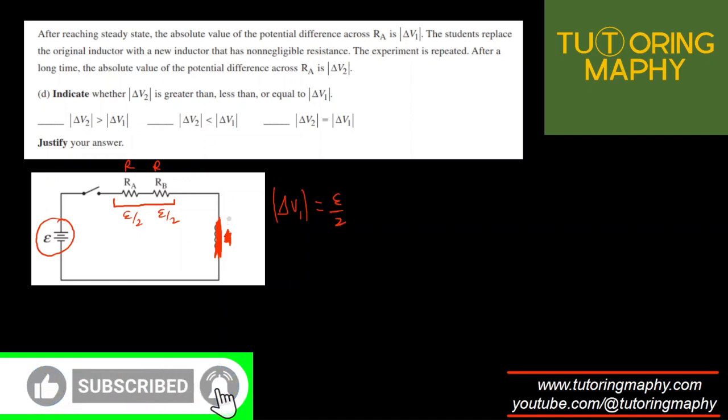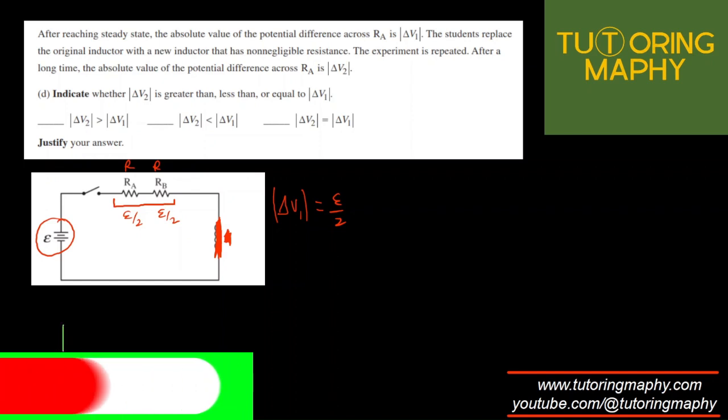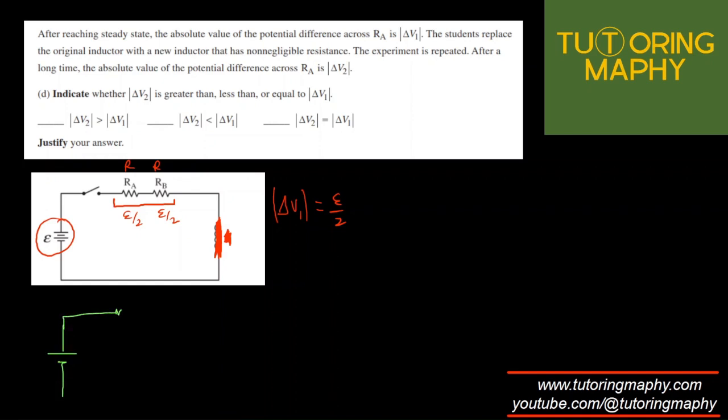Now, if we replace this inductor with a non-ideal inductor, which means that this inductor has some resistance, then initially the inductor was like this. There is an inductor here and there is a resistor here. At steady state, the inductor sleeps, so there you go, short circuit, but still there is a resistor, right? So don't you think this E, which was initially shared between these two only, will now be shared between these three?